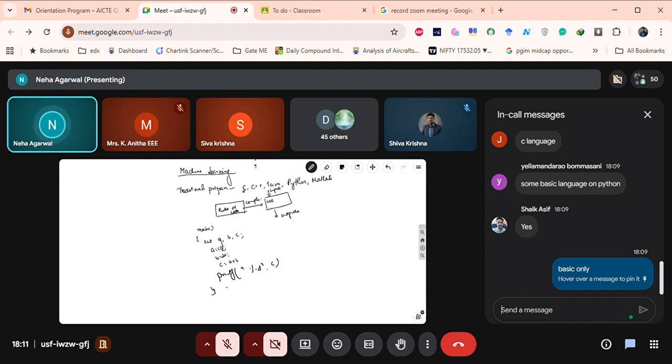And if we want to take values at the command prompt, suppose we need to give some values at input time, then we can use the scanf function, where we give some a value, some b value, and after that we do the addition. So if we do anything at the command prompt, we give some input, and based on that we get some outputs.